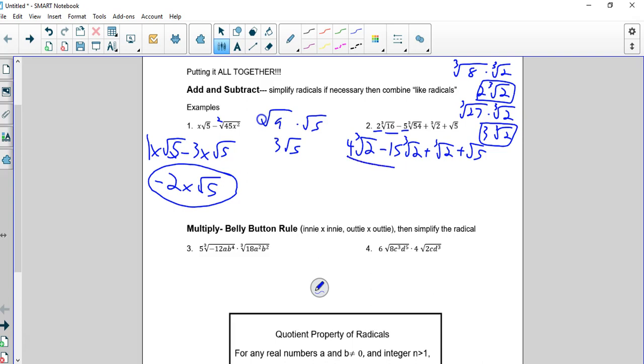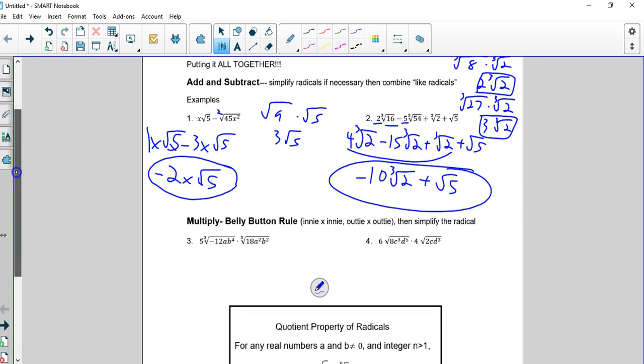So these 3 can be joined together. 4 plus 1 is 5, minus 15 is negative 10, cube root of 2, plus the square root of 5. So you just got to take your time, step by step, not a big deal.